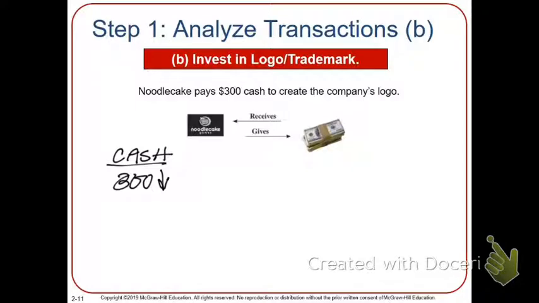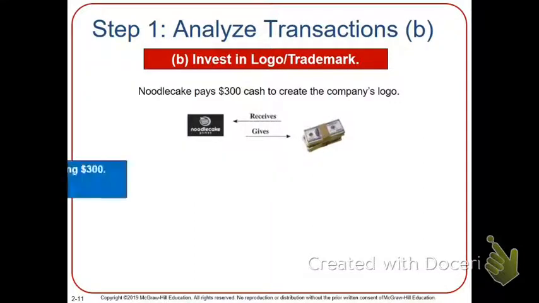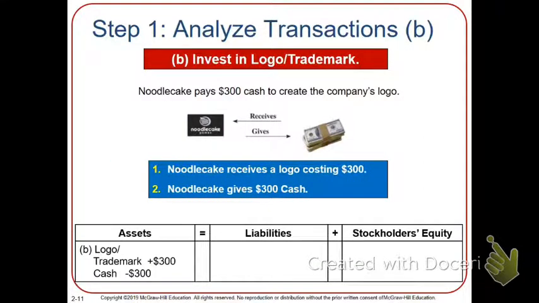All right, there we go. So logo is going to go up. Now, those are both on the same side of assets equal liabilities plus stockholders' equity. Do we still balance? Yeah, we do. So that is okay. It looks just like that, but it's typed up and not in my beautiful writing.